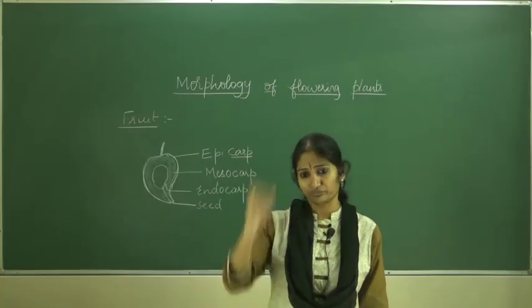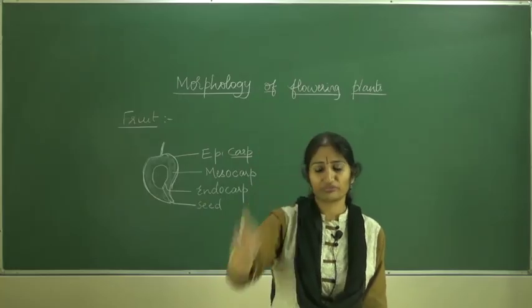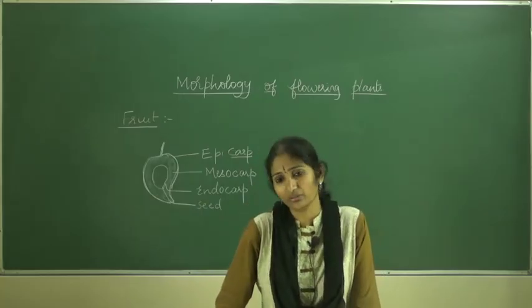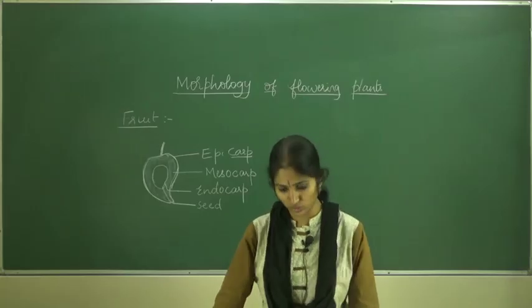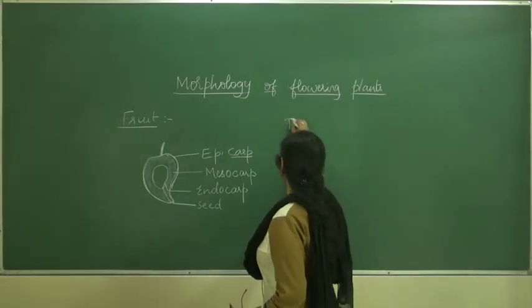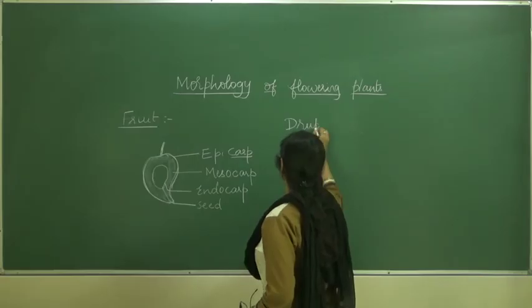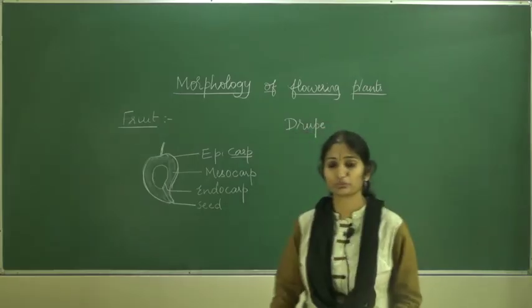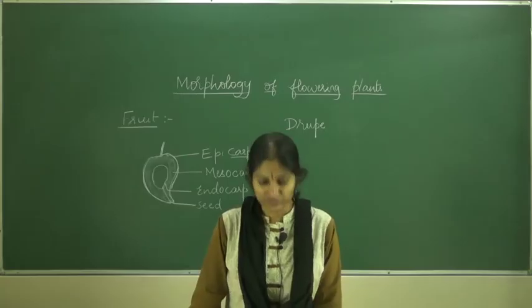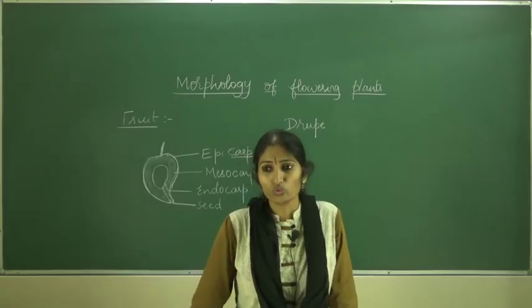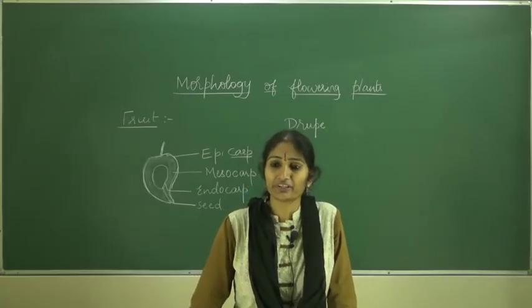Now the fruits that we are talking about are a group of fruits which are called drupe. What is the difference between fruit and drupe? Drupe is just a type of fruit. When we are talking about fruits, there are very different varieties.